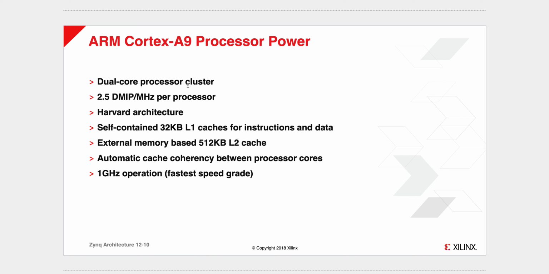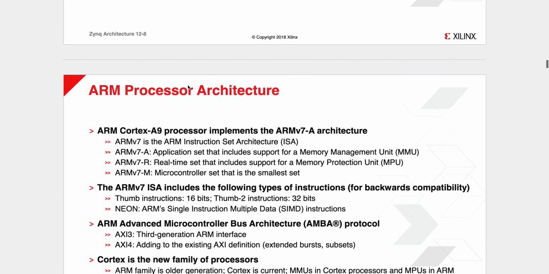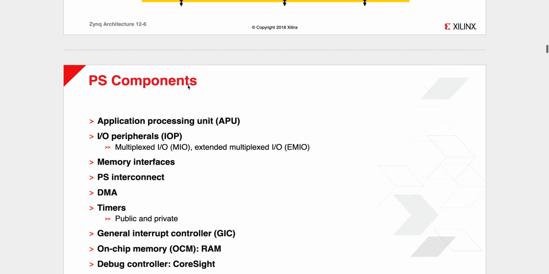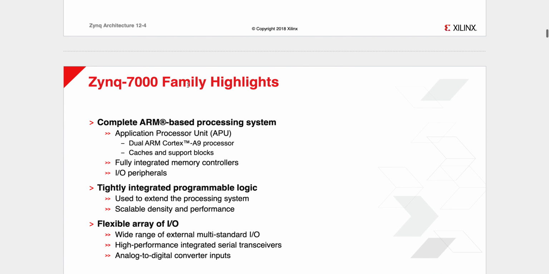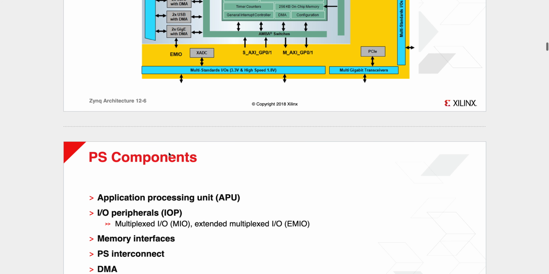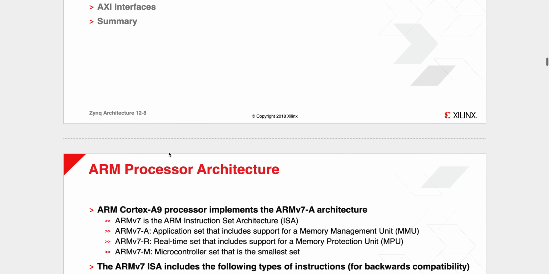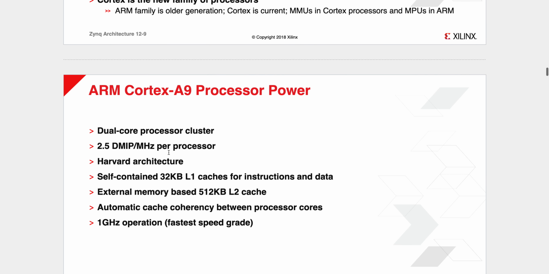It has self-contained 32 kilobyte L1 caches for instructions and data. Remember the importance of caching. The ARM based processing system consists of caches for speeding up the processing system.